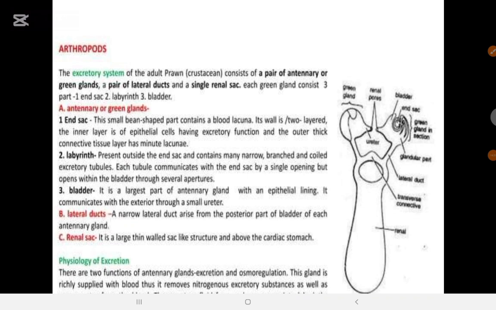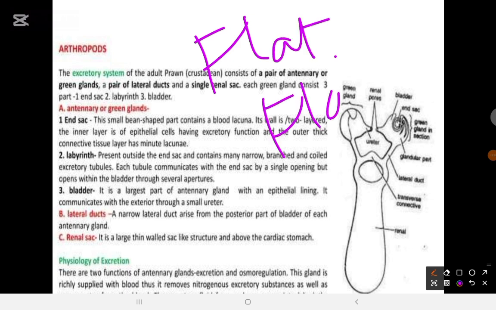Let's do a quick run-through. We said these guys, the protozoans, use the body surface by diffusion up until we saw the coelenterates. Okay, simple diffusion. But from platyhelminths, we began to see flame cells. And to remember that, flatworm, F for flat, and flame cell, F for flame.